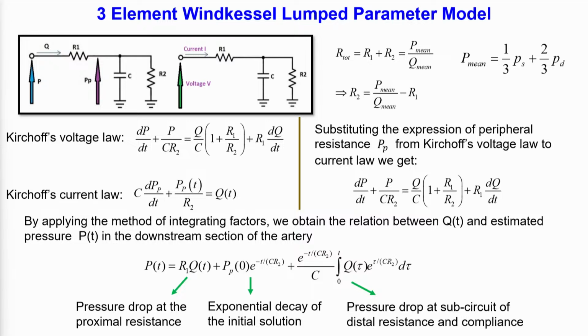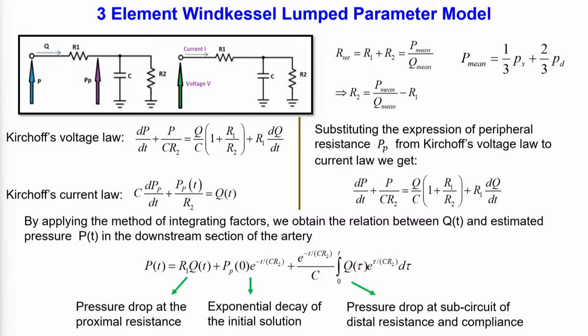Then Kirchhoff's current law: the total current is the sum of the currents at the junction. If the total current flowing is Q, that is the right hand side, and the left hand side is distributed, one going to C and another going to R2.